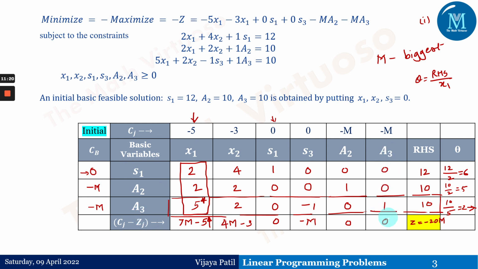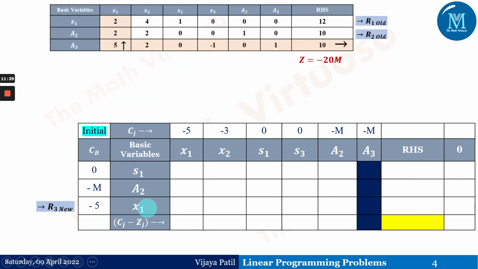So A3 will leave the basis because it is the outgoing variable, and x1 is the incoming variable. In the next iteration, in place of A3 we will be writing x1. Let me go to the next page now.